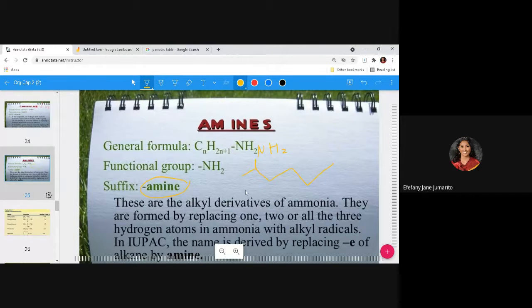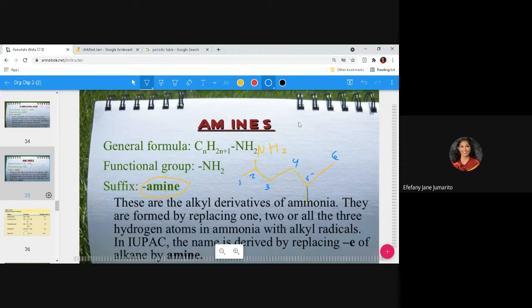Okay? So how would you name this one? Parent chain is? Again, same thing, we count from the NH2. We have our methyl group here. So let's count. 1, 2, 3, 4, 5, 6.